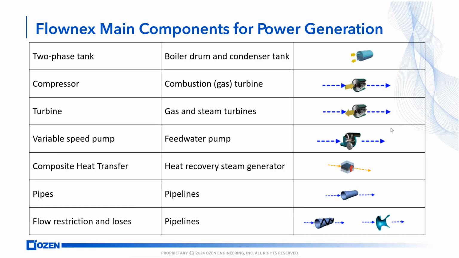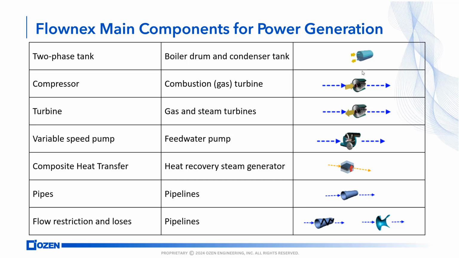Let's see what main components we use in the Flownex model. First of all, we need tanks, which we call two-phase tanks, that we're going to use in the condenser tank and also the boiler drum.